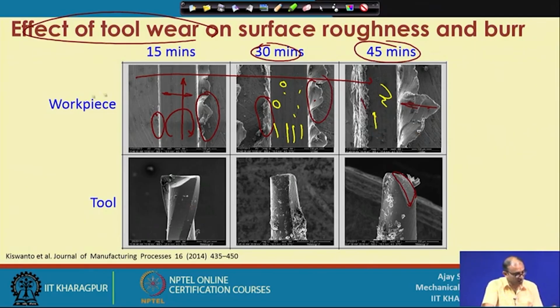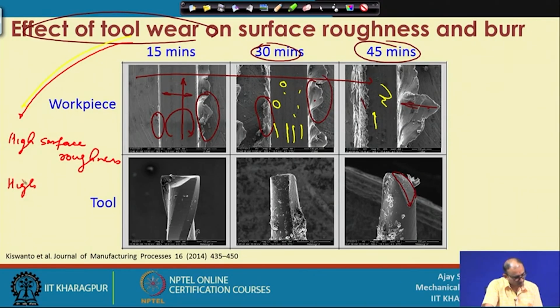So, you are getting both the things. The higher the tool wear, the higher the surface roughness, and the higher the burr formation.